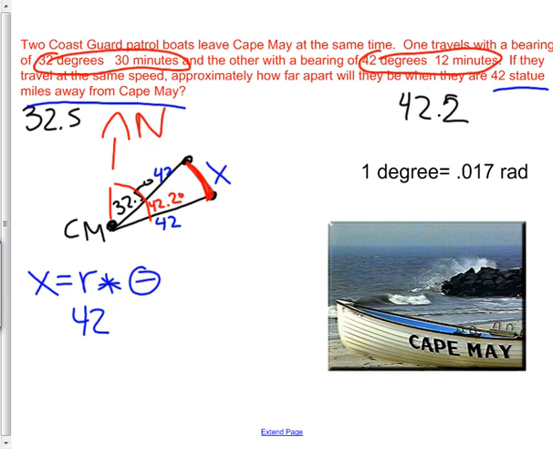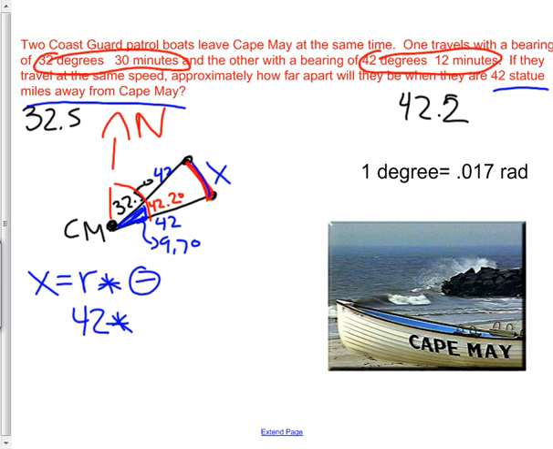We don't have to convert that at all. But we want to multiply that by our angle. But this is the angle we want, right? Because this is the triangle we're working with. How would I find that? Yep, 42.2 minus 32.5, which gives us 9.7. So this angle is 9.7 degrees.